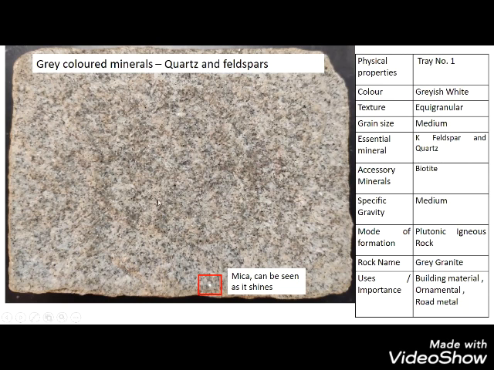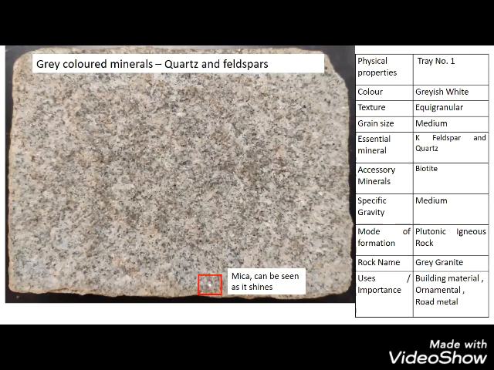And speaking about how to identify these minerals in the rock, all these somewhat dark colored minerals, whatever you are seeing, are plagioclase feldspars. All these gray to pink colored minerals, whatever you are observing over here, are alkali feldspars.